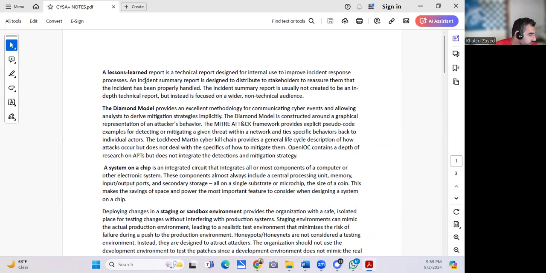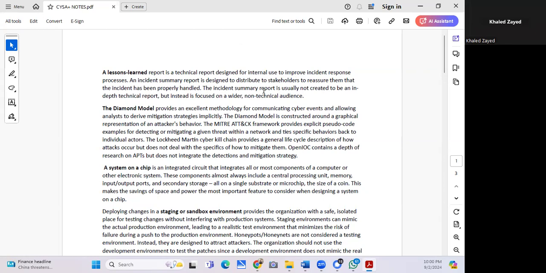One of the things that you need to understand for the CYSA Plus exam is something called lessons learned. And you might get a question about that in the exam. Basically, a lessons learned is a technical report designed for internal use to improve the incident response processes. Also, the incident summary report is designed to distribute to stakeholders to reassure them that the incident has been properly handled.